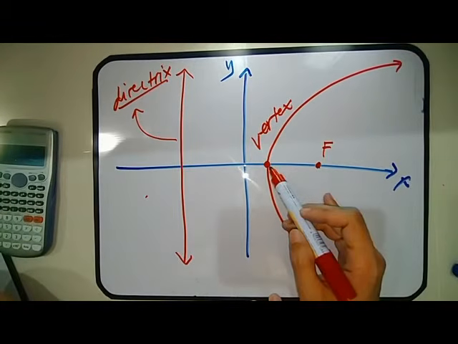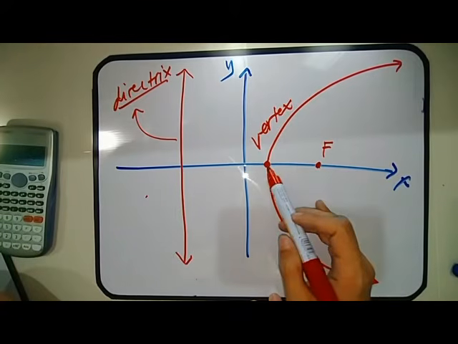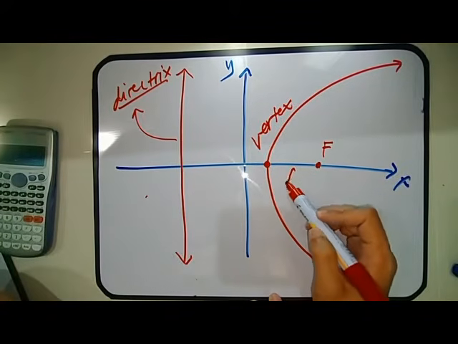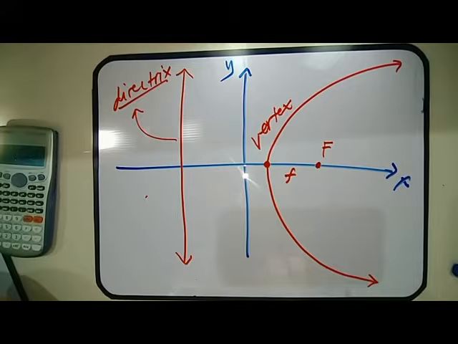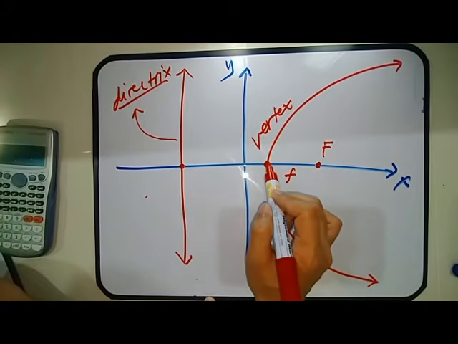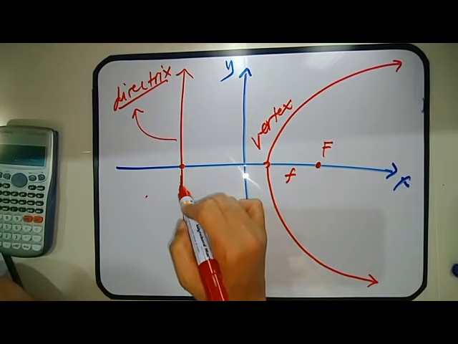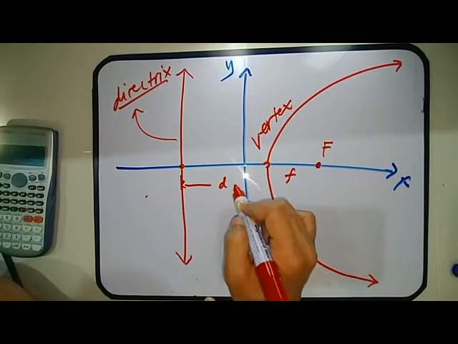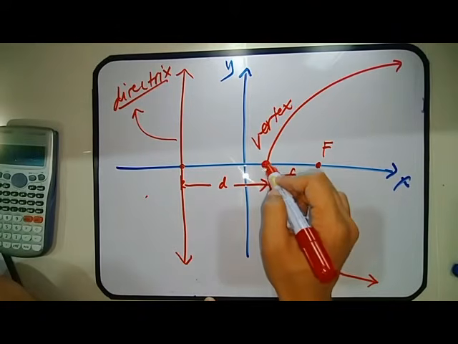Then, yung distance natin from the focus to the vertex is what you call yung F natin kanina. That is your distance from the focus to the vertex. Then, yung distance naman from the directrix to the vertex is what you call letter D. Yung D na kanina.